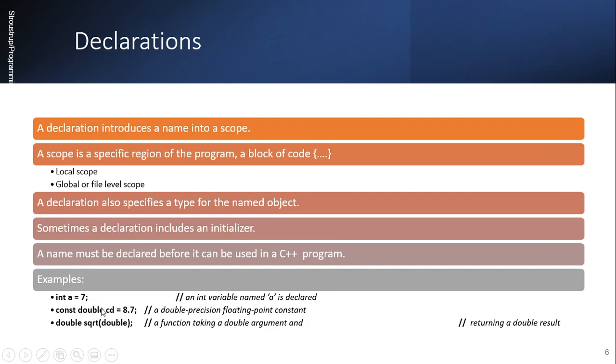Before declaring it, you cannot use a name. Once you declare it, then you can use it. That is why we need to write function prototypes. Function prototypes serve as declarations. So usually we place function prototypes above the main program, and usually we define our functions after the main program.